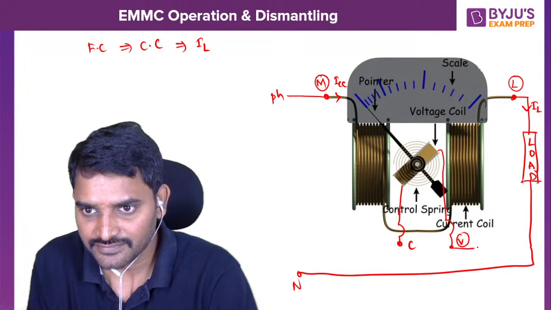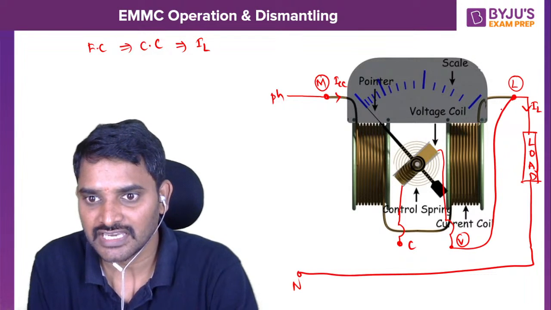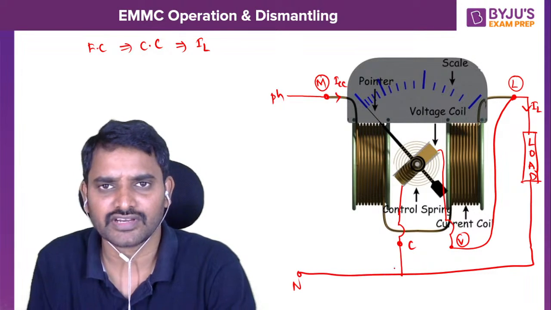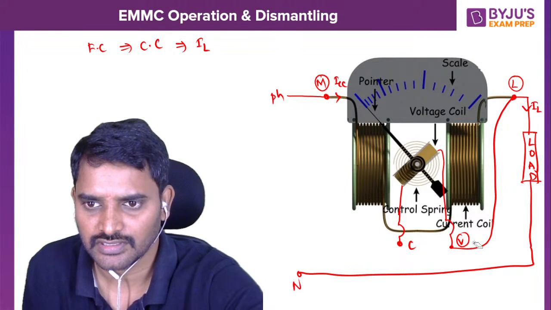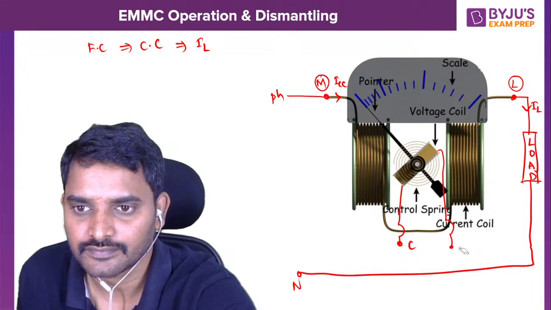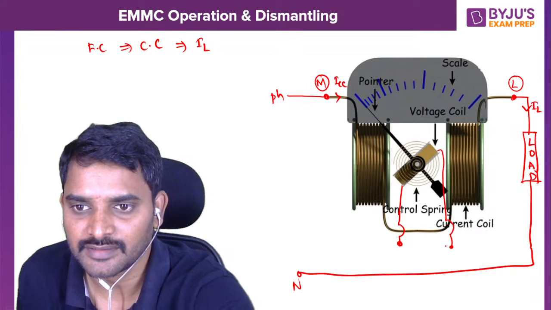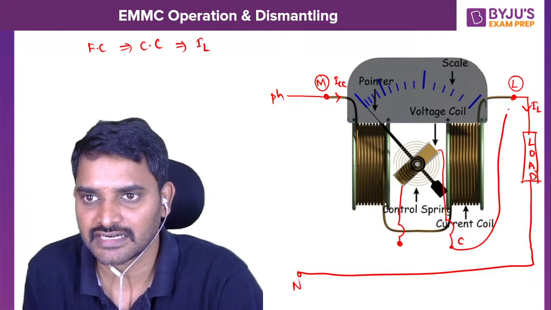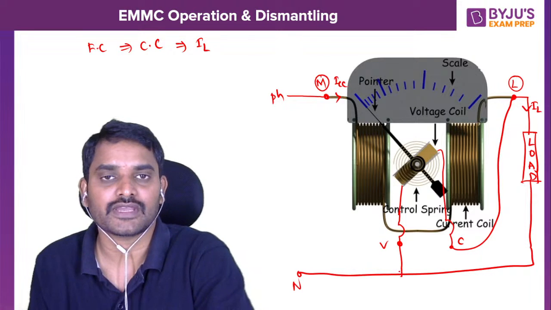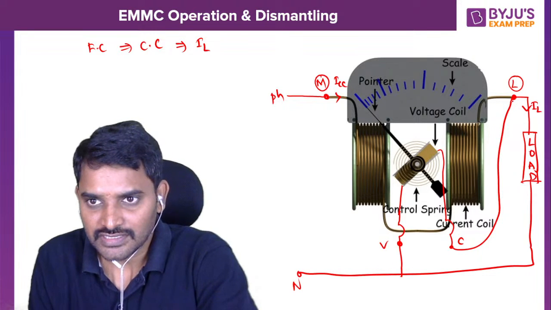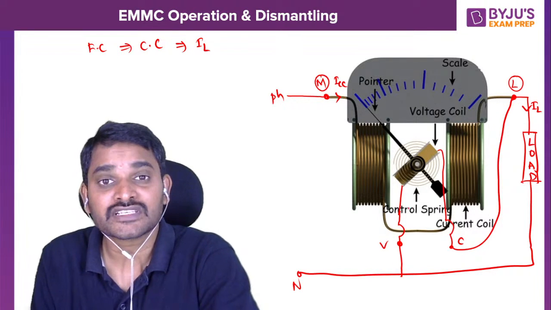If you connect this V terminal on the L point and the C terminal on this point, or otherwise you can connect the other way also. Let me make this the C terminal and connect this to L, and let me make this V and connect it here.